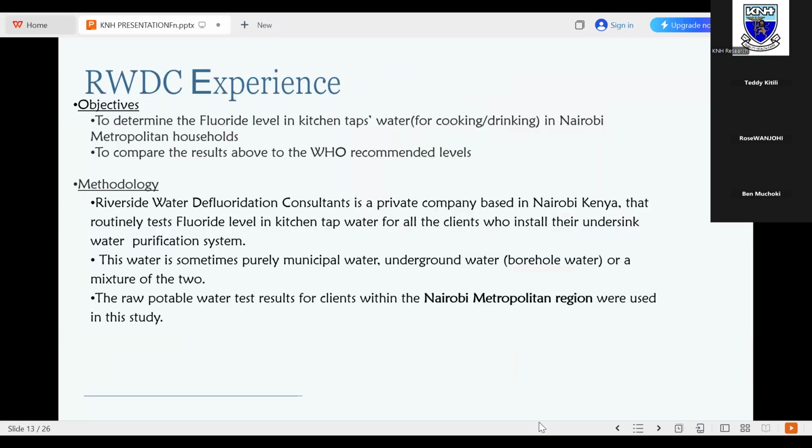So we wanted to determine the fluoride level in kitchen taps and compare them with the WHO recommended levels. Nairobi metropolitan region covers not only Nairobi County, but also the neighboring counties, for example, Kiambu County, Kajiado County, Machakos County. And I hope, Teddy, we are still together.